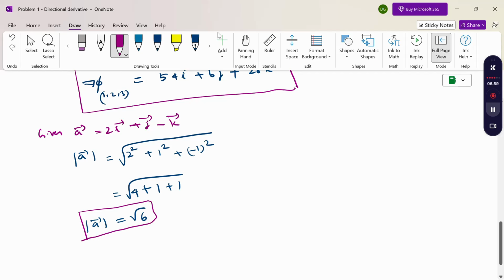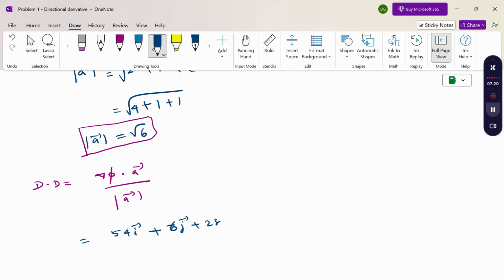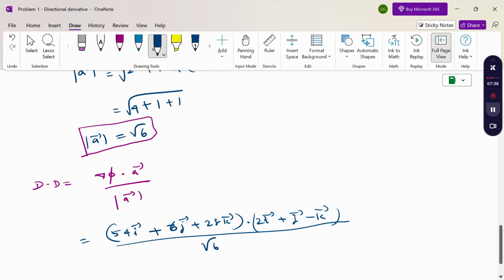Now the directional derivative is del phi dot a vector by the modulus of a vector. Therefore, del phi value is 54 I vector plus 6 j vector plus 28 k vector. This is del phi dot a vector, 2i vector plus j vector minus k vector, by root 6.